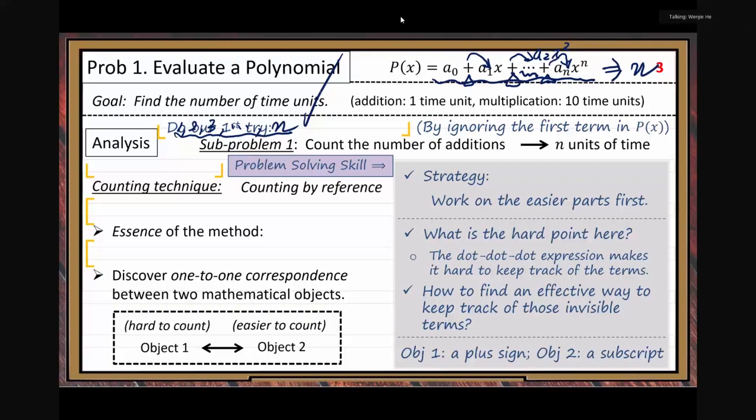Another 1,000, microsecond, one millionth. Another 1,000th, so 10 to the negative 9th, one billionth, okay? That's 1 nanosecond, right?